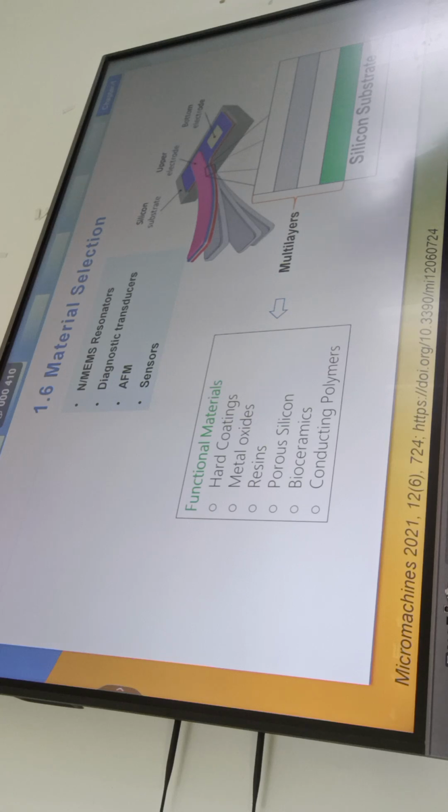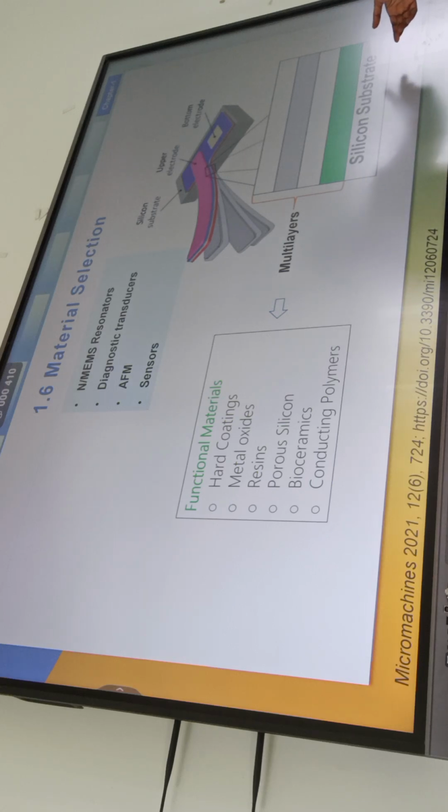So for material selection, generally NEMS are cantilevers or resonators, which are fabricated by layering different materials. Here, we have taken a silicon substrate, then the bottom and upper electrodes, and these electrodes are made by layering metal layers or multilayers.